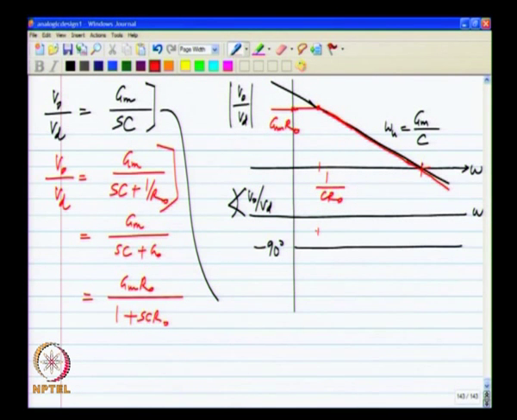Similarly, the phase plot does not start from minus 90, it starts from 0, but at 1 by C R naught it goes to minus 45 degrees, and soon after that it goes to minus 90 degrees. So, the difference occurs only in the low frequency range, at a frequency 1 by C R naught and surrounding it. At very high frequencies the two transfer functions are identical.